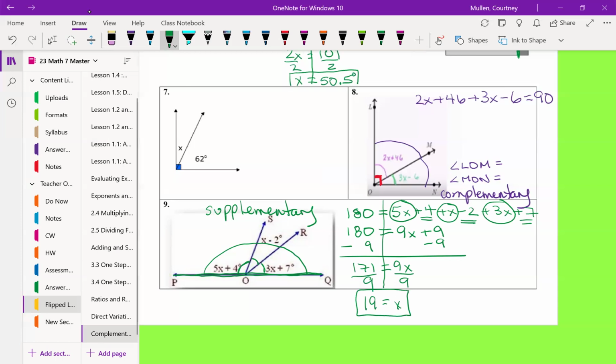It's not because we have to substitute. So we know angle POS was 5x plus 4. So if we substitute 19 in there, we have 99 degrees.